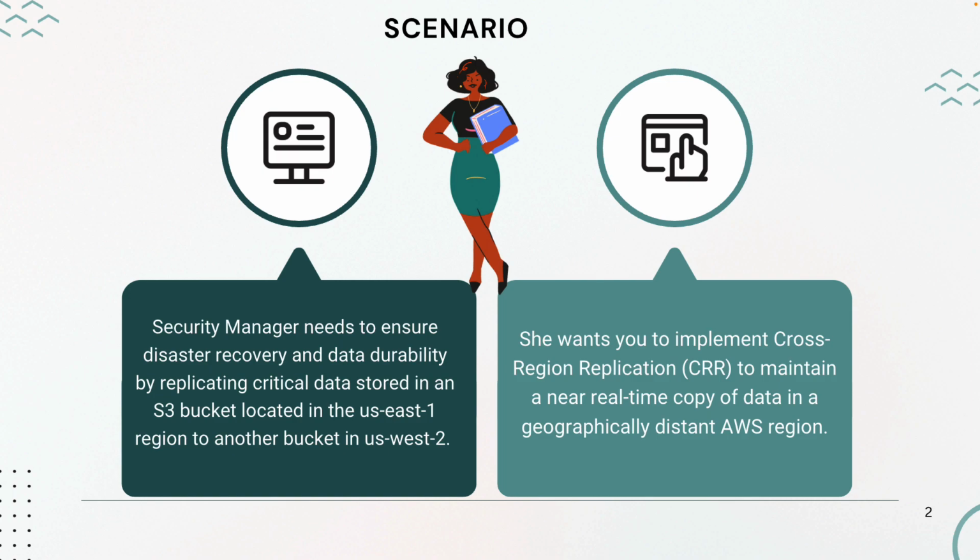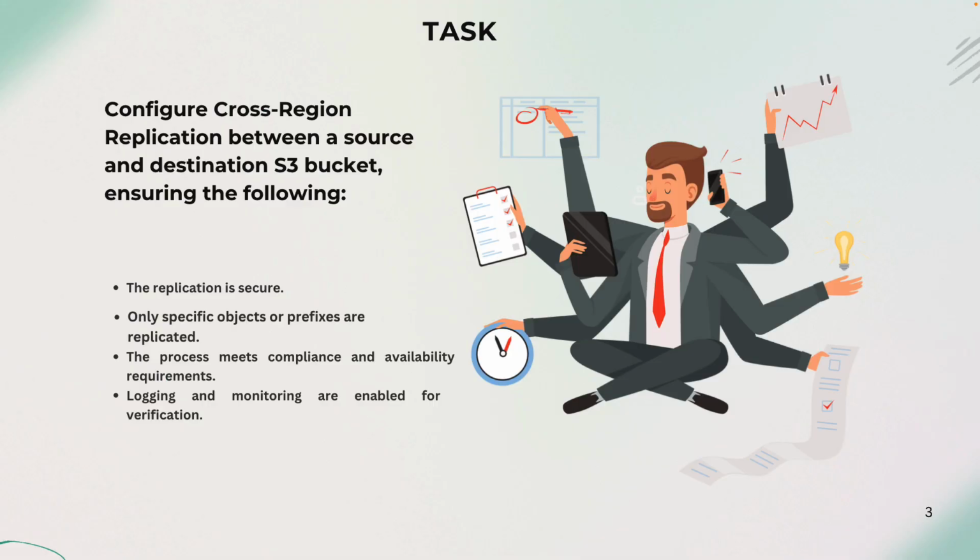So this is the scenario, and the task at hand for you is to configure a cross-region replication between a source and destination S3 bucket, ensuring that the replication is secure, which means you're going to ensure encryption.